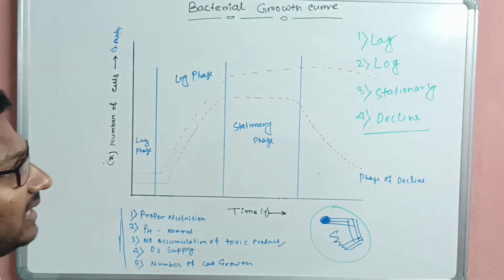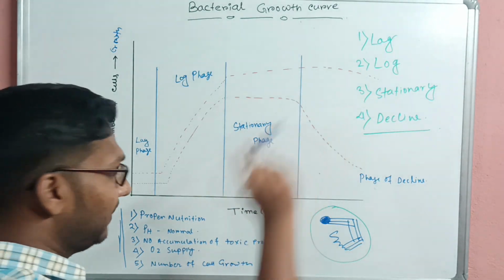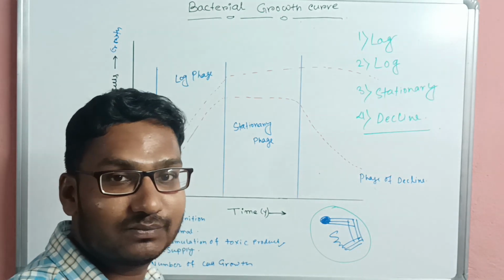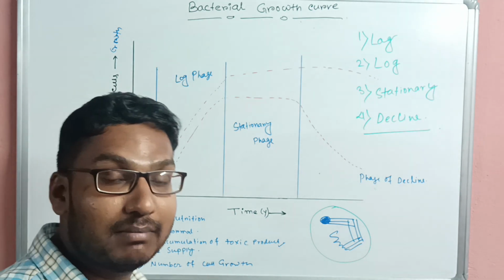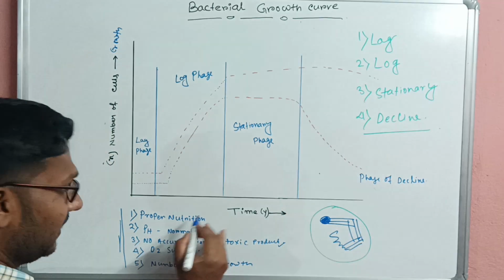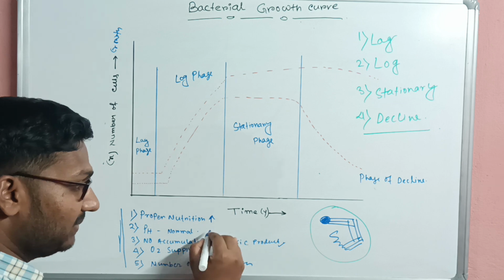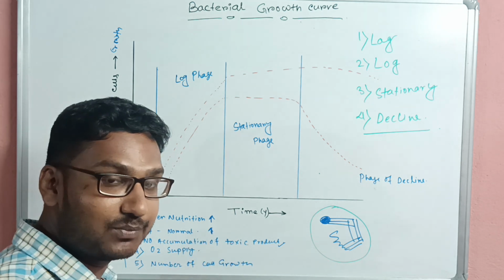Number 2, log phase. So what will happen in log phase? Bacteria will start to grow, because all favorable conditions are present inside the medium. Proper nutrition, pH is normal, still no accumulation of toxic product.